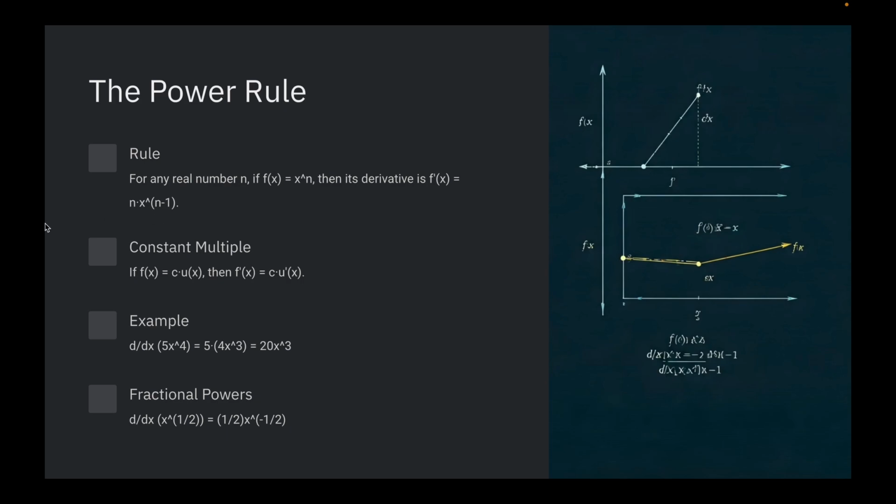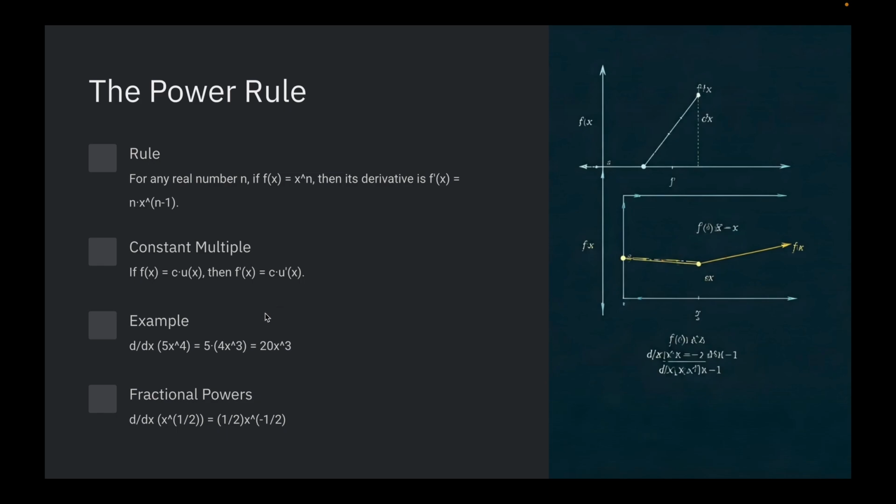Another sub-rule is the constant multiple. If we have a constant, let's say c, times another function, which here is u(x), but you can say g(x), h(x), it doesn't really matter, they're just dummy variables, then the derivative is equal to the constant times the derivative of the other function.